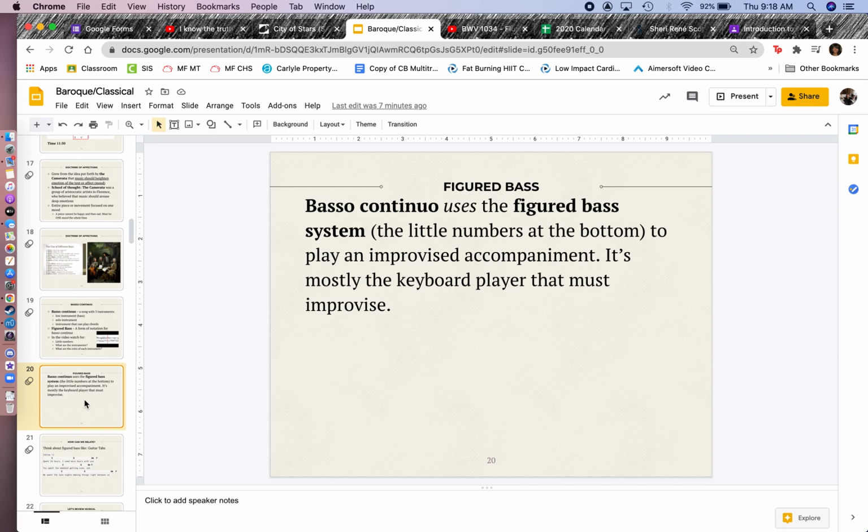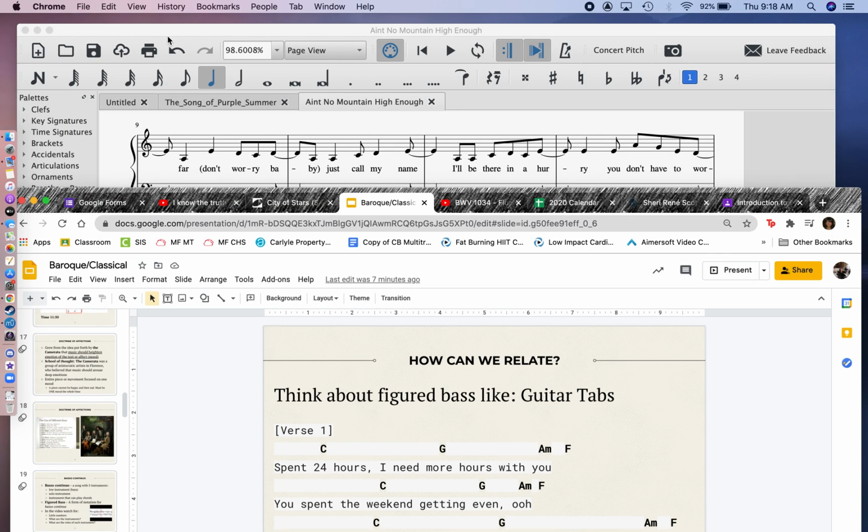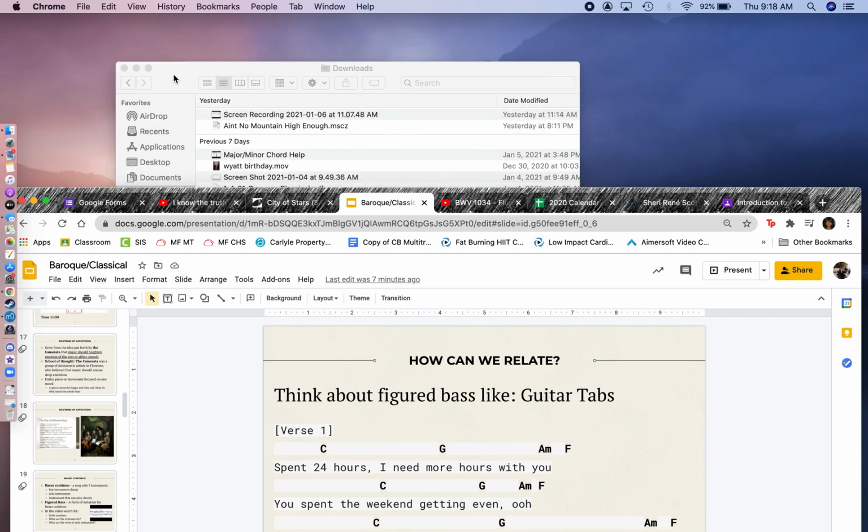So there is a way we can relate to something a little bit more relevant, modern day, and it's guitar tabs. If you've ever dabbled in guitar, acoustic guitar usually, you can find guitar tabs online free very easily. This is a Maroon 5 song. Even though I don't have a guitar with me right now, I can demonstrate by using my piano. So let me see where my piano is.